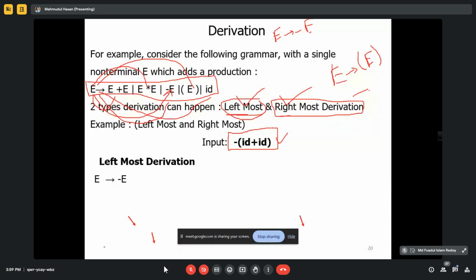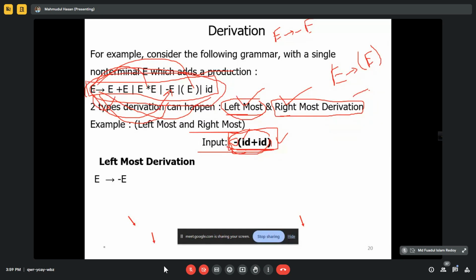You need to make this one. So you need to make a minus at first, then first bracket, then ID plus ID, then this one. You need to make this input with the help of this production rule, with this grammar.